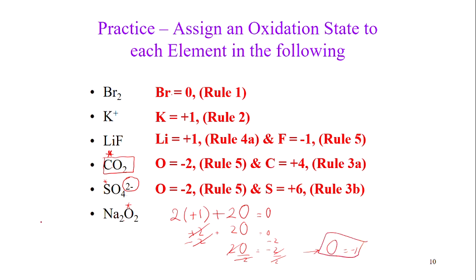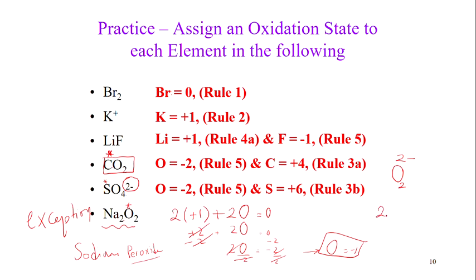Guys, this is the exception. We call this one sodium peroxide. If you remember, when we worked on the polyatomic ions, peroxide has this formula. Let me ask you what is the oxidation number for oxygen here.